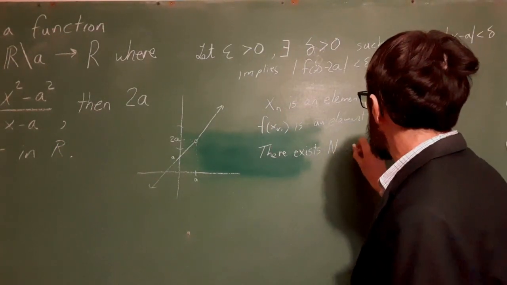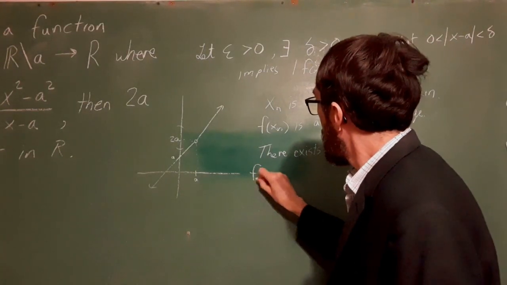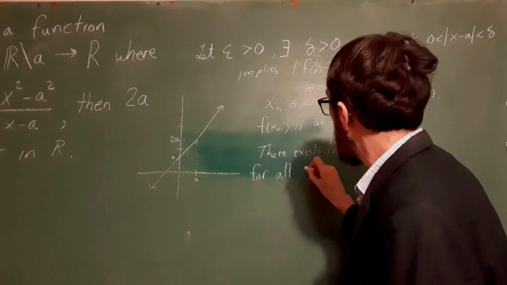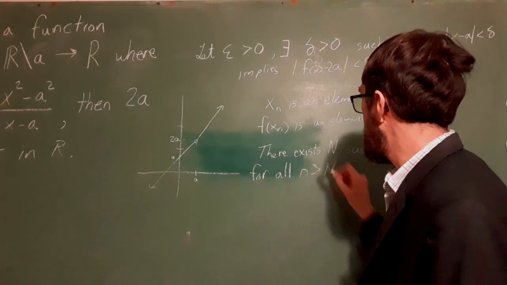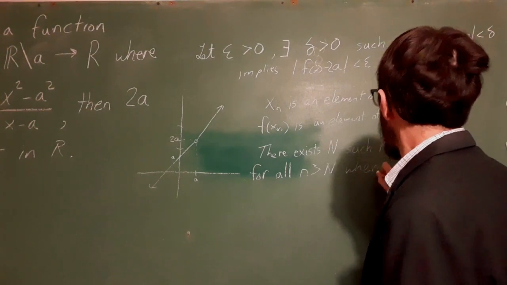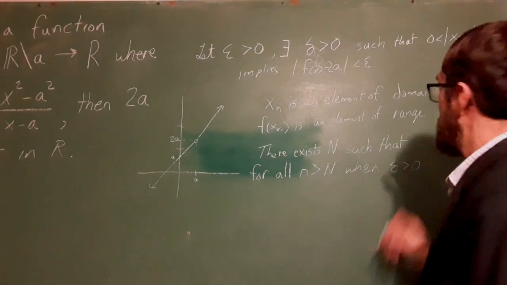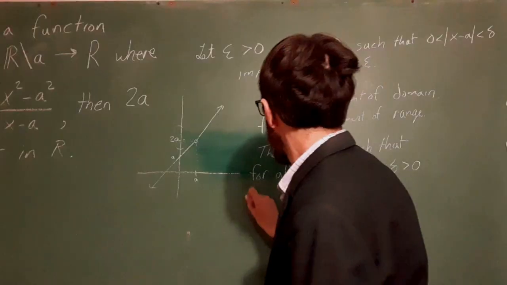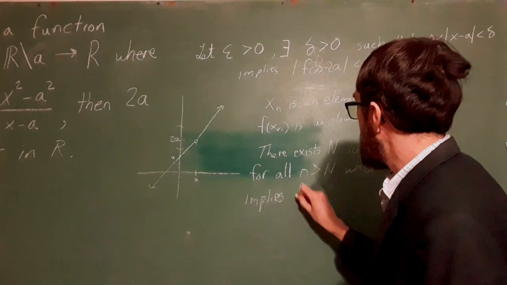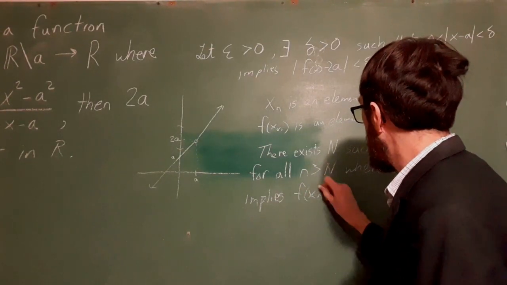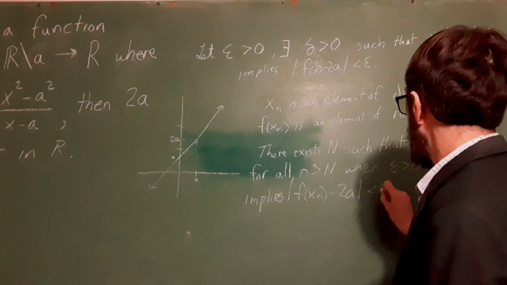So there exists N such that for all n greater than big N, when delta is larger than 0, this implies that f of x sub n minus 2a is going to be less than epsilon.